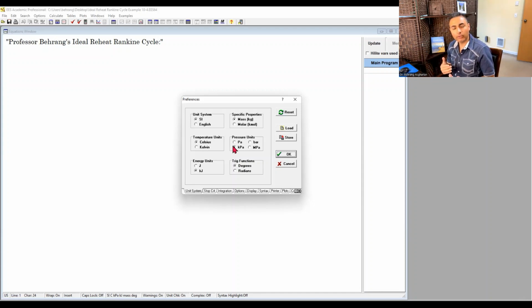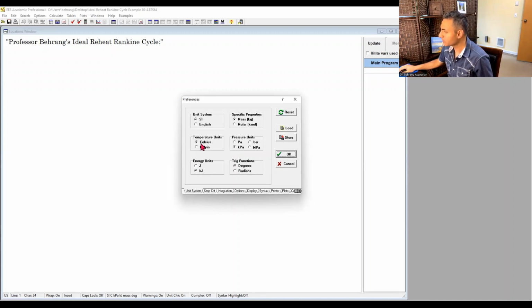Since we ignore the changes in potential energy and kinetic energy, I can get away with kilojoules, so I can leave that as kilojoules. However, if I was solving a nozzle problem where velocity and enthalpy are used together, then you have to use joules per kilogram. But not for this problem. For this problem, you can do kilojoules per kilogram, you'll be fine.